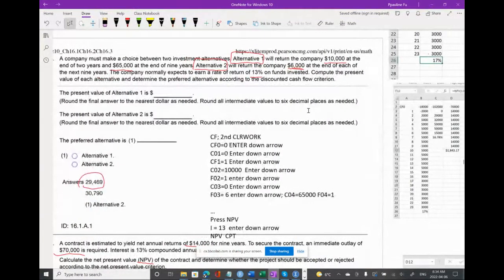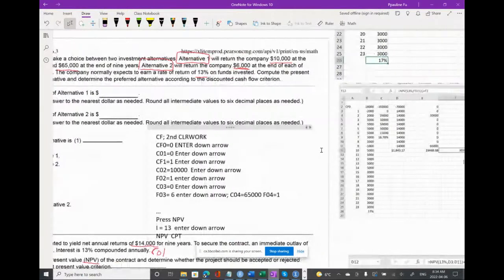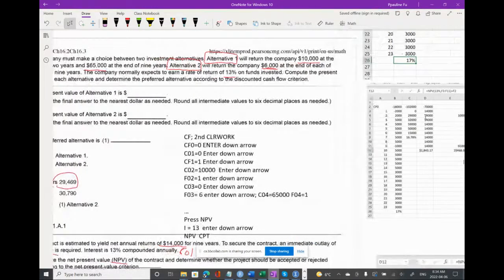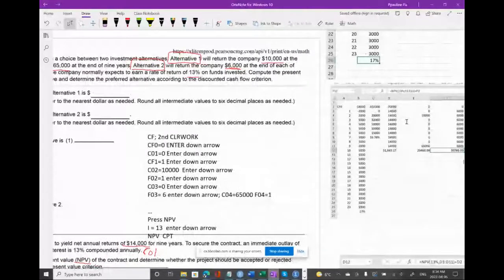Okay, so let's take a look at alternative 1. Alternative 1 returns 10,000 at the end of 2 years. This column E is alternative 1.